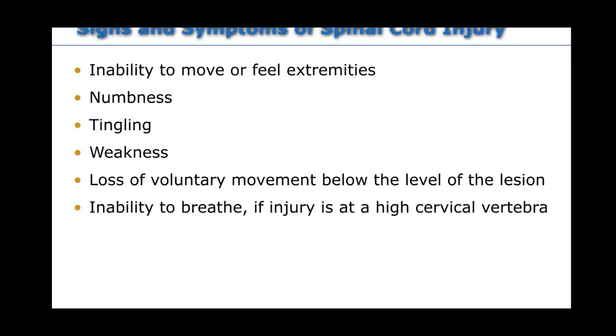Make sure you maintain your spinal alignment, because if there's some sort of tissue integrity breach in there, you don't want to risk paralyzing these kids. So you're going to assess numbness, tingling, weakness, all of that in their feet and their arms. Inability to breathe, it's a high C-spine injury. That's a bad thing.